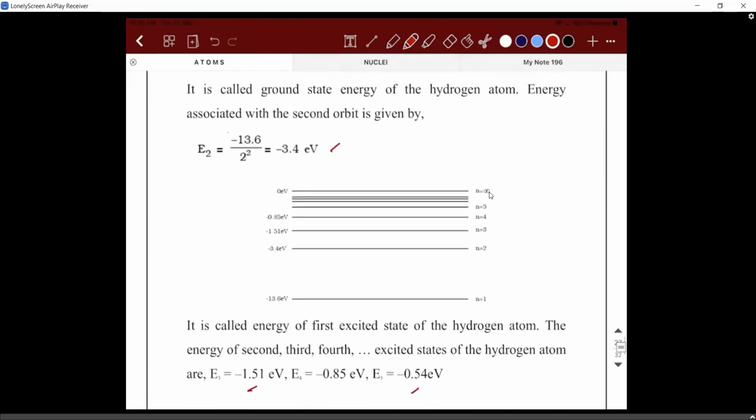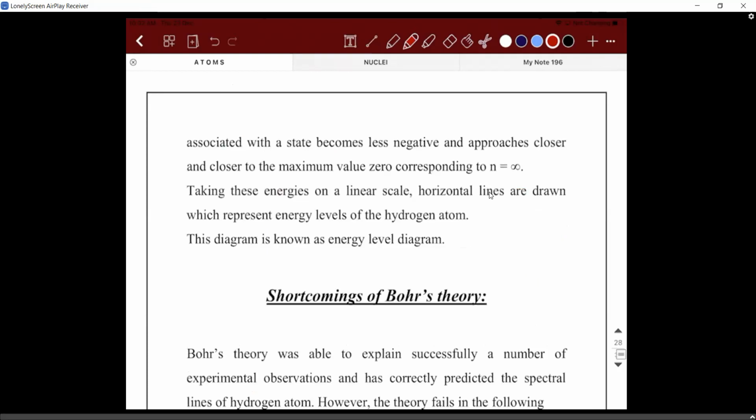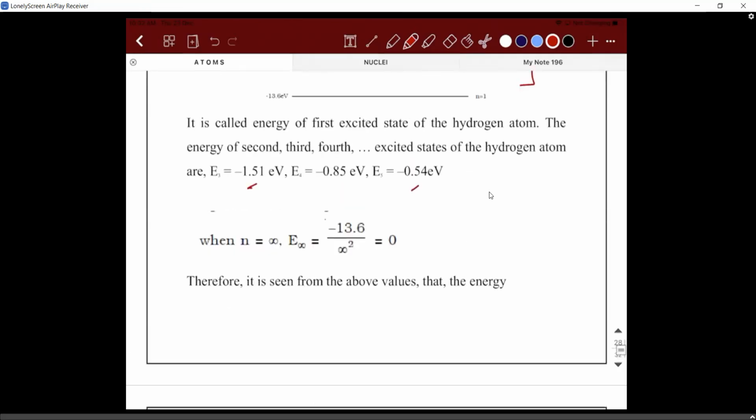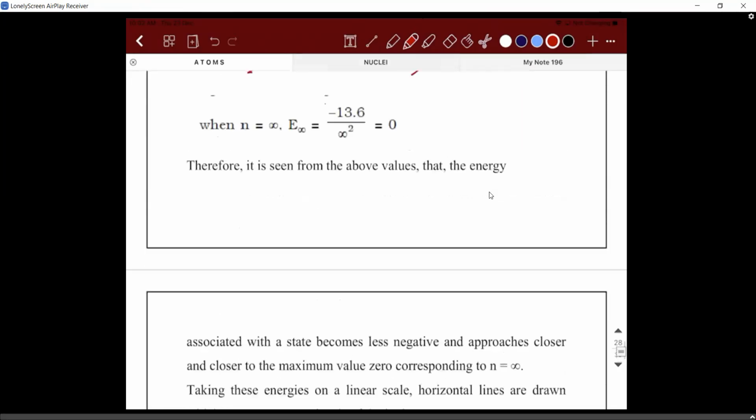Can you understand this diagram? This is what we call the energy level diagram, because each level speaks about the energy of the electron in that particular orbit. So what are they saying?